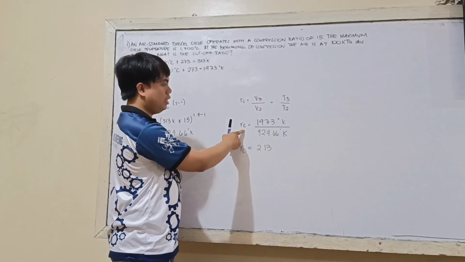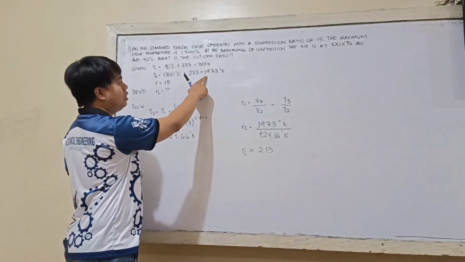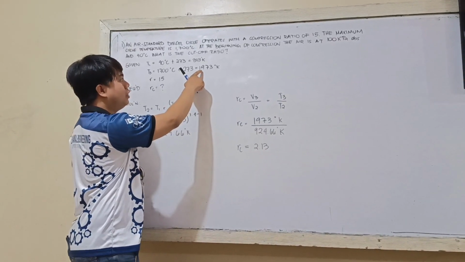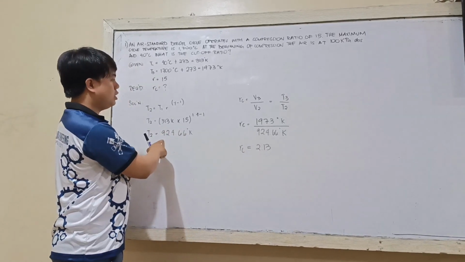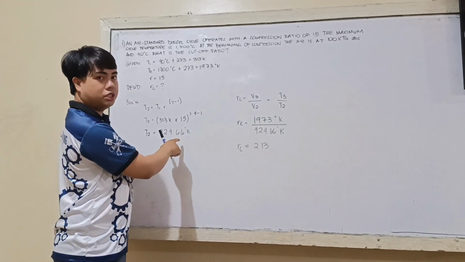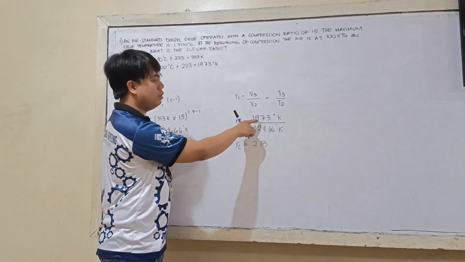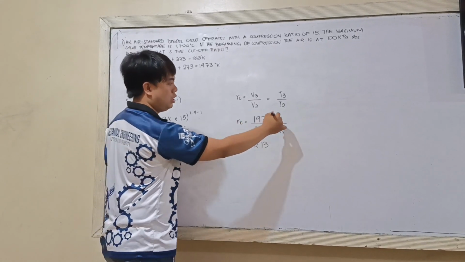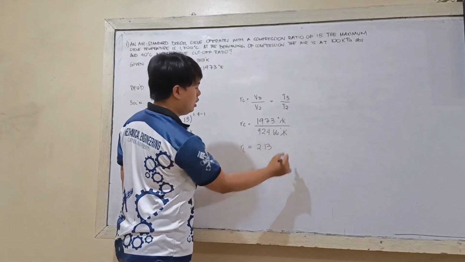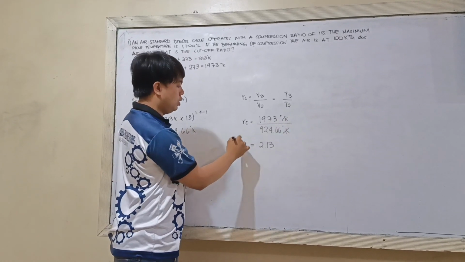So our T3 is 1973 Kelvin, and our T2 is 924.66. So RC is equal to 1973 over 924.66. So cancel Kelvin. So our RC is 2.13.